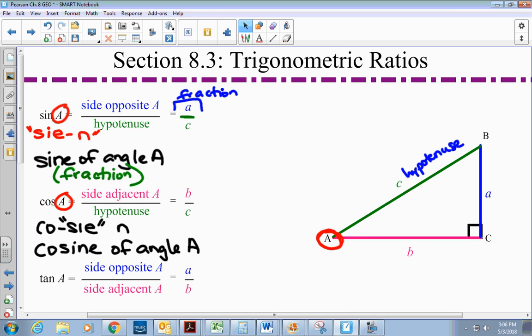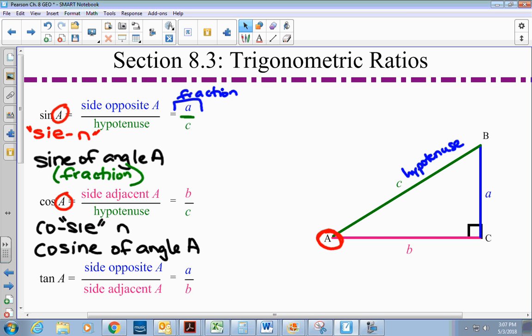So think about this: imagine you're sitting real tight, like in the school bleachers at an assembly. If you're directly adjacent to somebody, you're probably touching elbows or kneecaps with those folks. So adjacent means next to. When you look at next to's, well, this guy is next to A, it touches it, and this guy is next to A, it touches it.